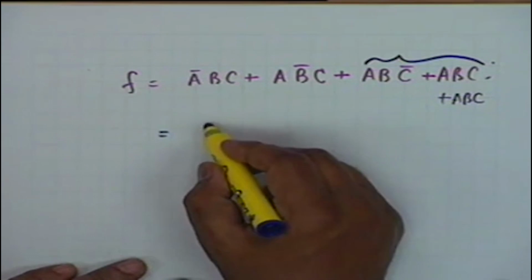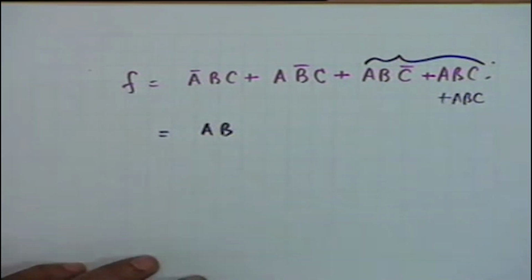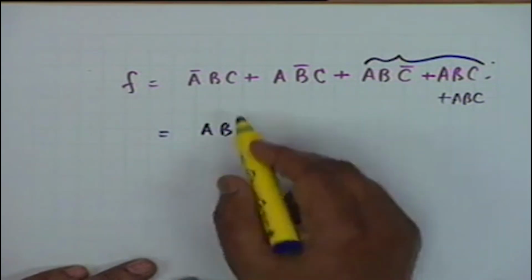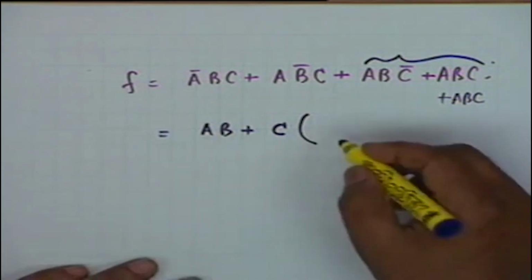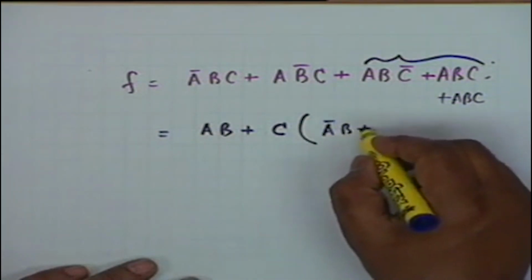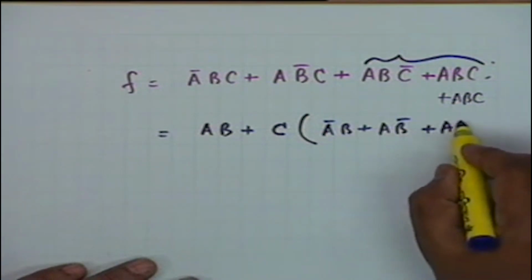Then we get AB, C or C bar is 1. Therefore, it is simply AB. And from the rest, we take C common. Then we get A bar B plus AB bar plus AB.